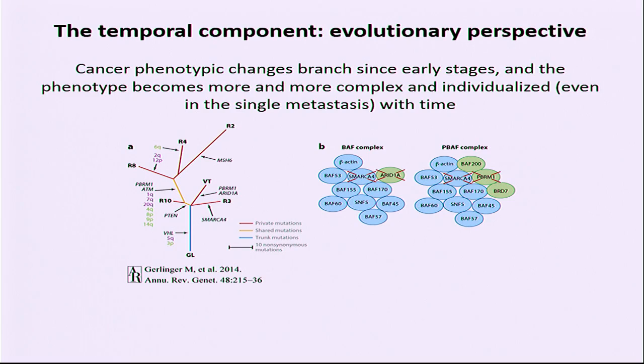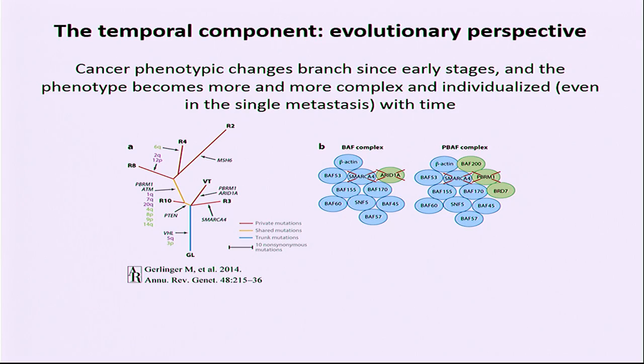So each individual has her own history of carcinogenesis due to the history of branching that occurred in time, so that you have different phenotypes or different mutations, even in the single tumor or in metastasis.